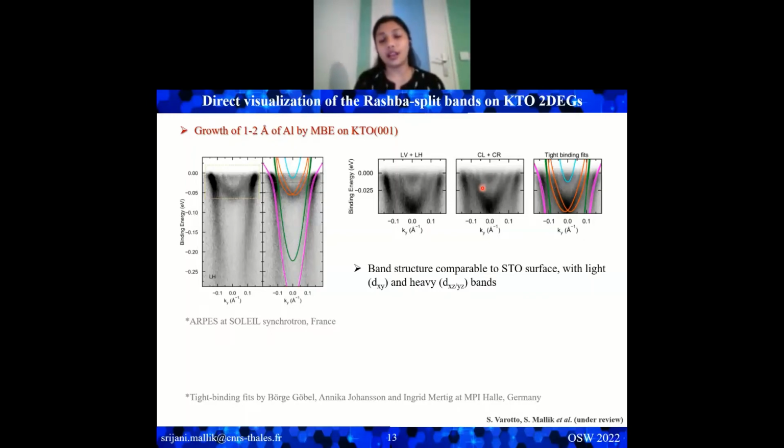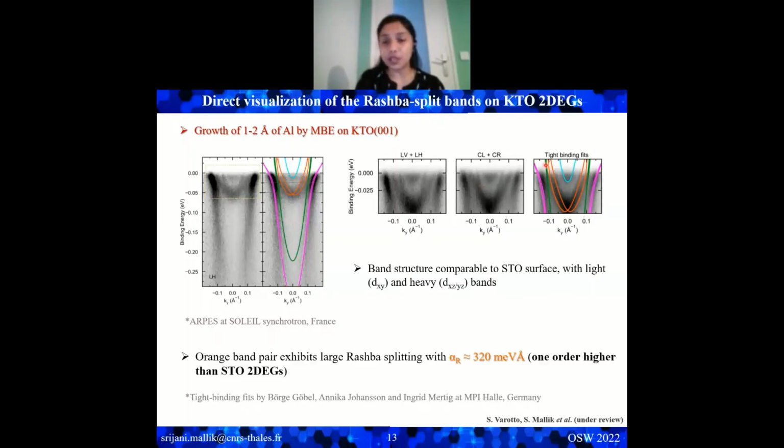So we collaborated with the group of Ingrid Mertig in Halle, who performed the tight binding fits for this ARPES measurement. And from there, it has been calculated that the Rashba splitting for this orange band pair is 320 milli-electron volt angstrom, which is huge, 1 order higher than the STO 2DEG.